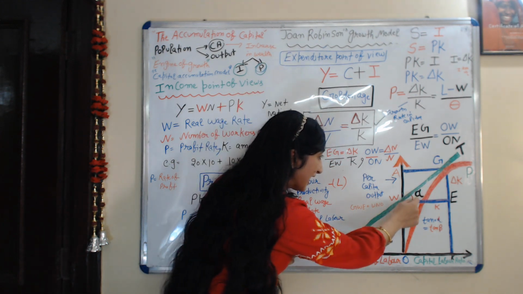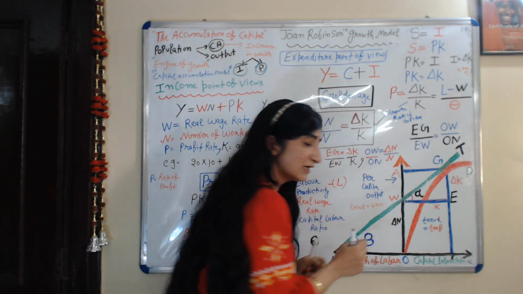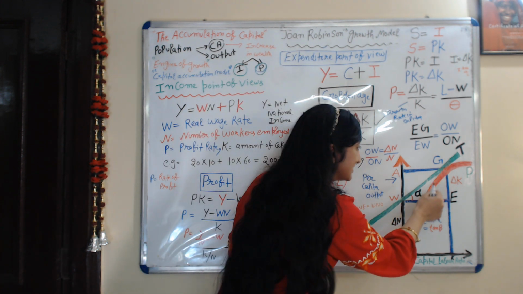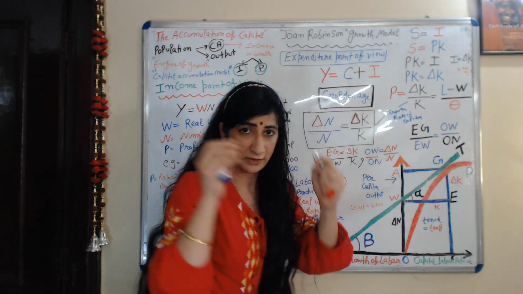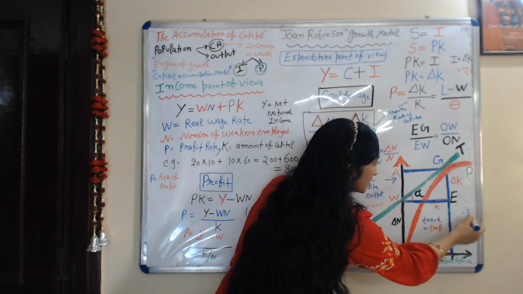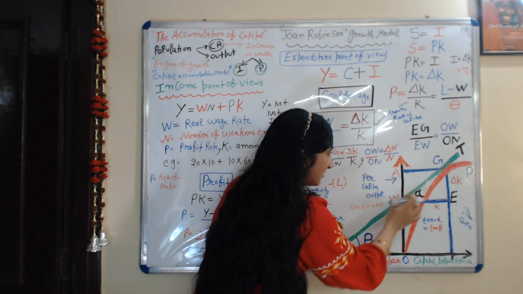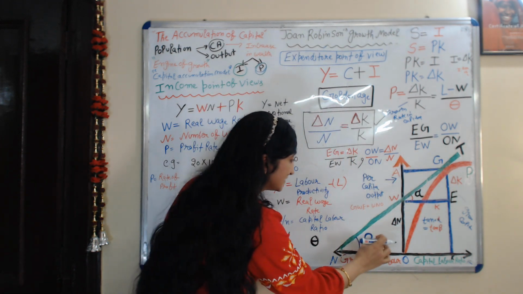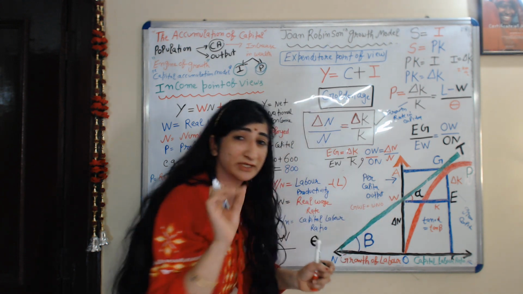This tan alpha is equal to tan beta. The tan alpha portion, triangle GWE, represents the growth rate of capital, and the tan beta portion, WNO, represents the growth rate in population.